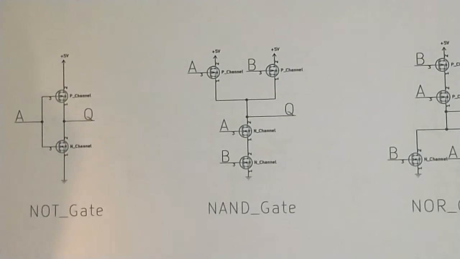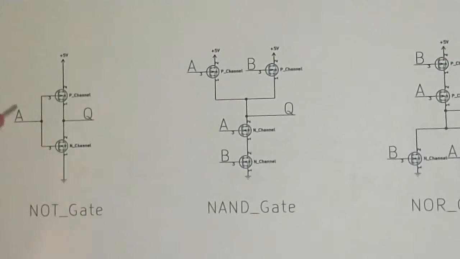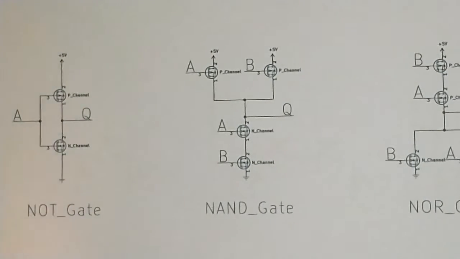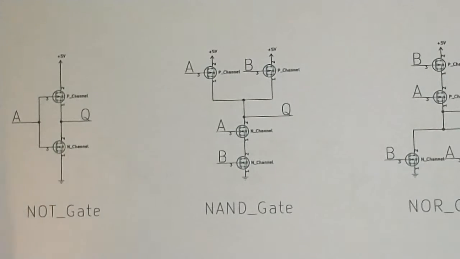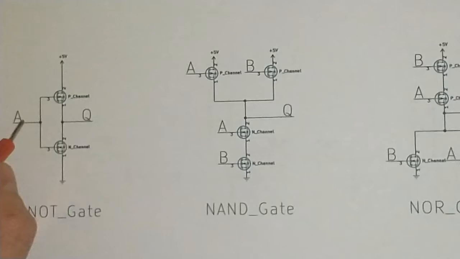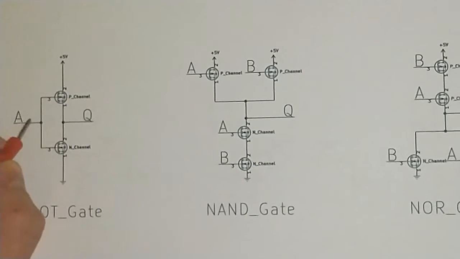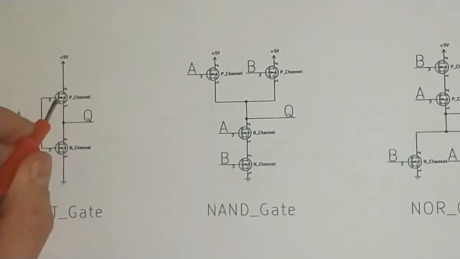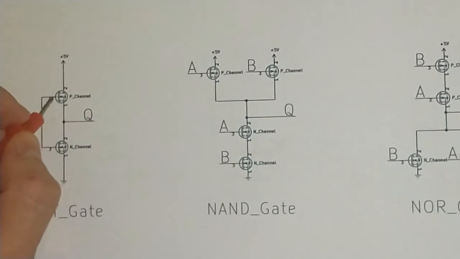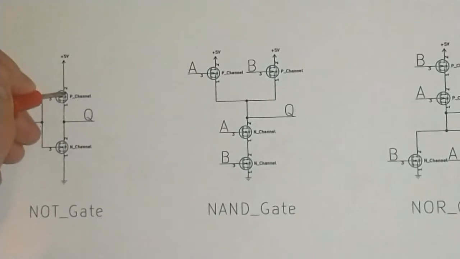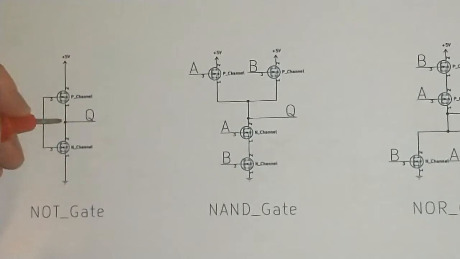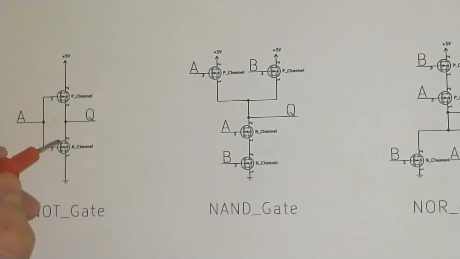So the NOT gate basically inverts the output. So when A is high, Q is low, and when A is low, Q is high. So how does that work? When you have a low input on A, that means this P-channel MOSFET is acting like a short circuit, which means these 5 volts are going to go over here, and this transistor is basically like an open circuit.